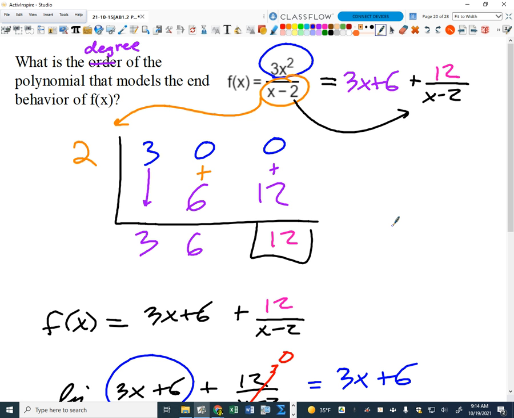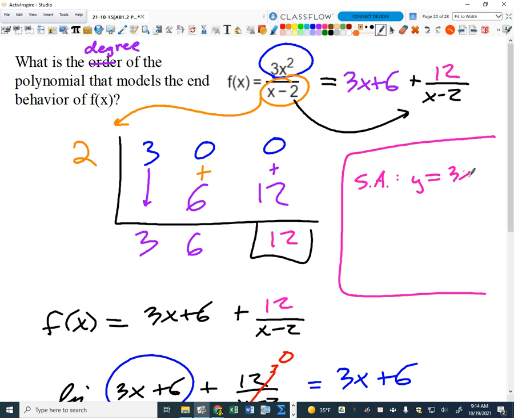So what is that by definition then? Vertical asymptote. Yeah, there you go, right? So we know that we get a slant asymptote at y equals 3x plus 6 and a vertical asymptote at x equals 2.